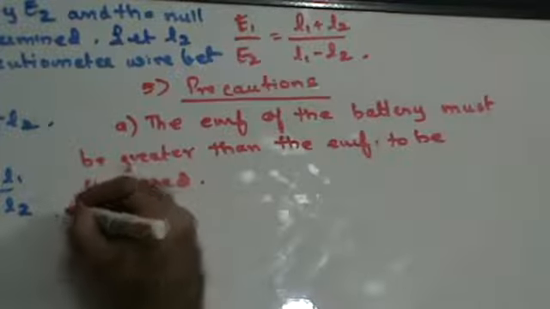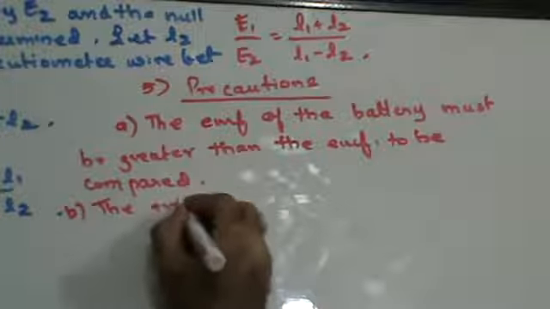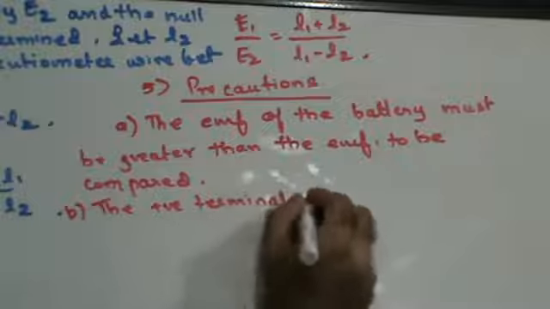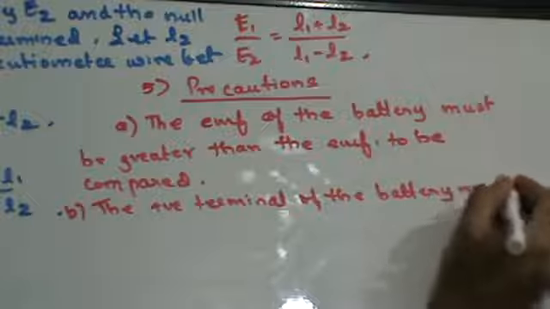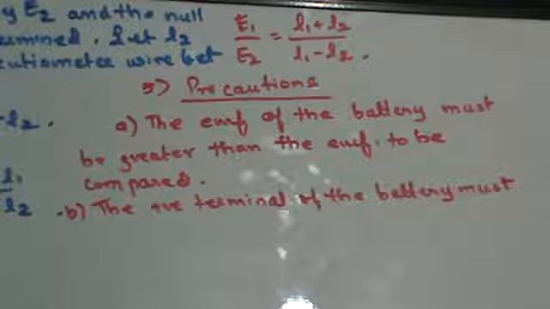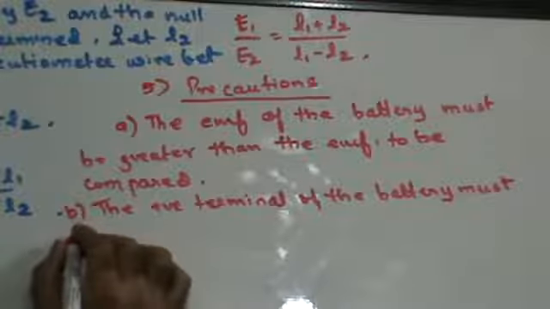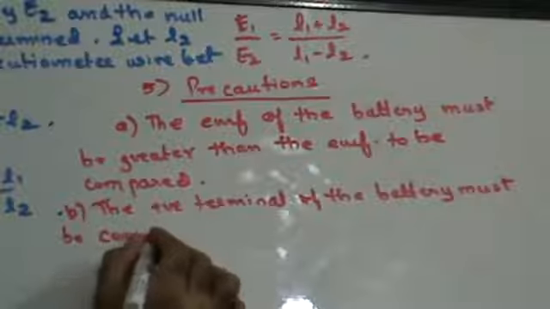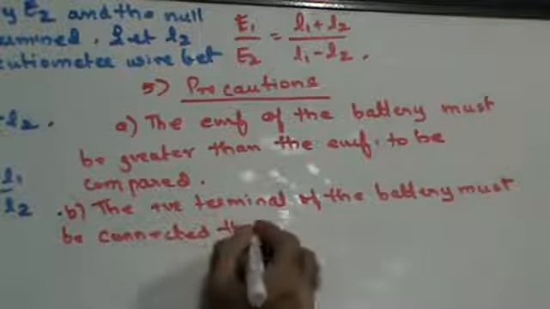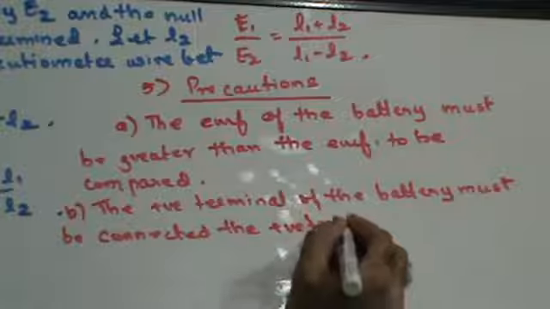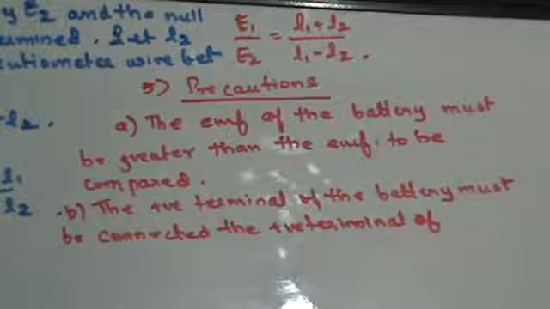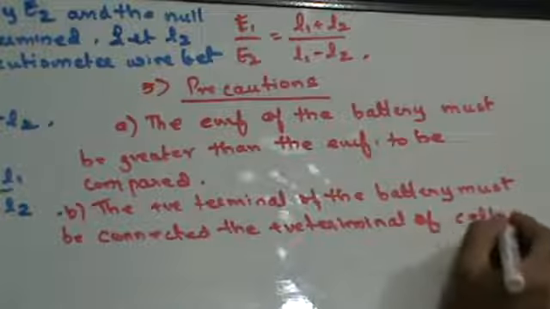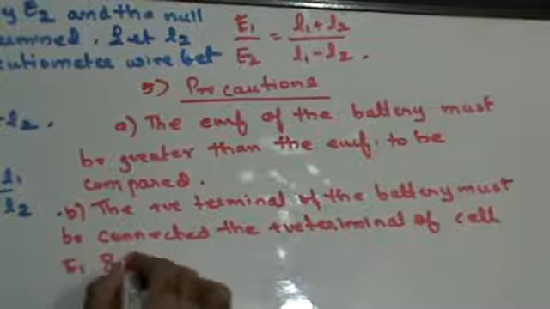Second, the positive terminal of the battery must be connected to the positive terminal of cell E1 and E2.